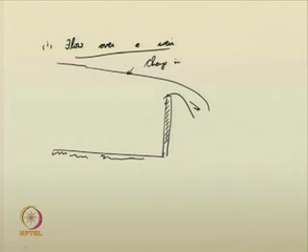Here the change in profile is not gradual. In this stretch, you can suggest that this is a rapidly varied flow profile. The water surface is dipping suddenly. So, wherever flow occurs over a weir, you will be encountering rapidly varied flow.